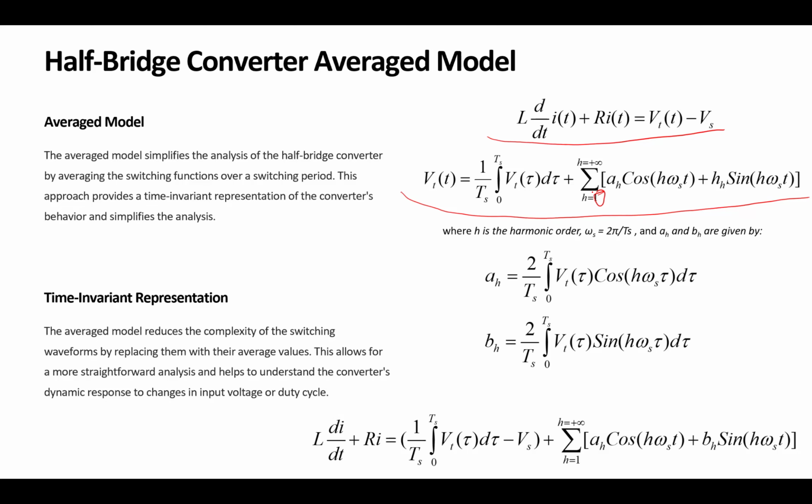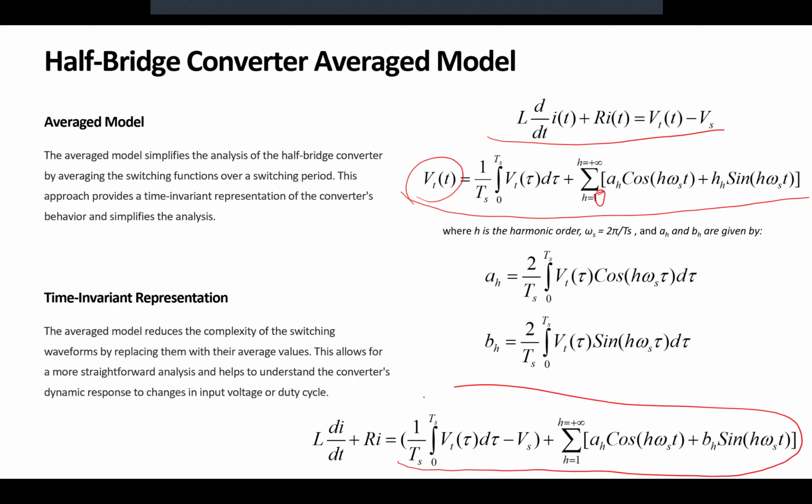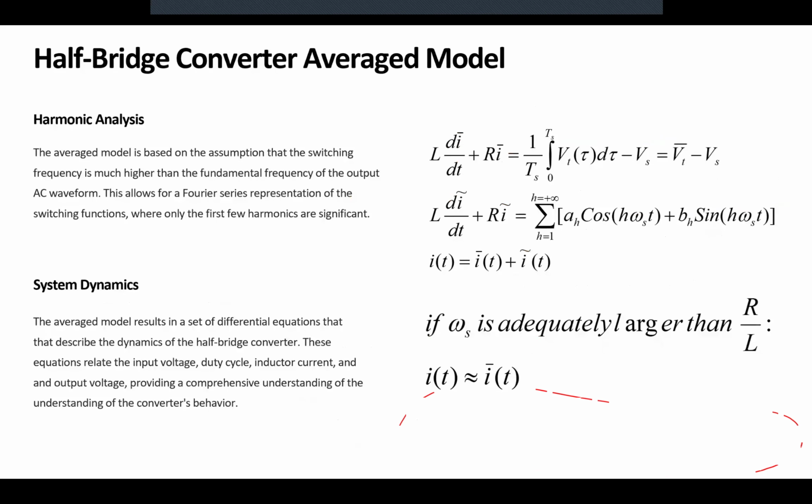Now, if we input that waveform into our system, into our formula, into our KVL, we could develop an average model by separating the constant, whatever we could take an average of and represent with a constant value, plus the distortion.